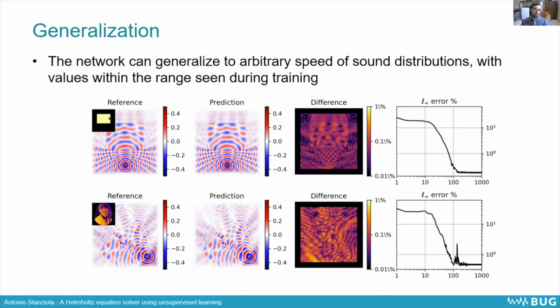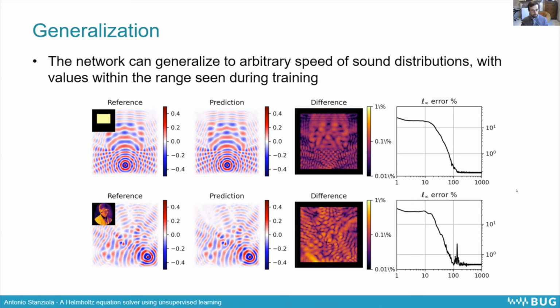And just to be sure that the network is not only able to solve simple geometric speed of sound problems, we also tried with a speed of sound map that is actually a picture of Helmholtz. And again, we get a very good agreement with respect to the reference simulator. So we can more or less safely say that at least within the range of speed of sounds seen during training, the network is able to solve the problem, and to do it very fast.